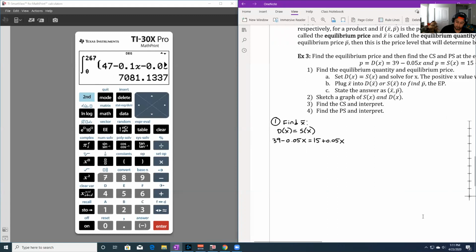Okay, now all we have to do is solve for x. So with that being said, I will move x to the left and 39 to the right.